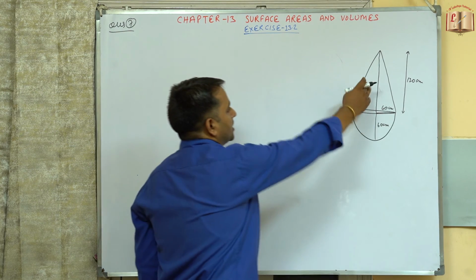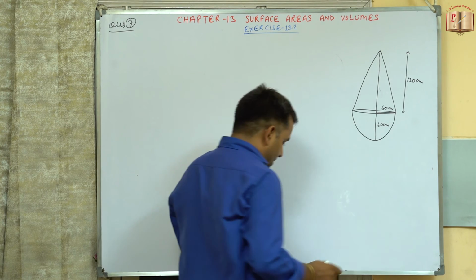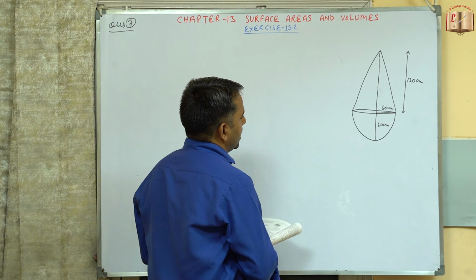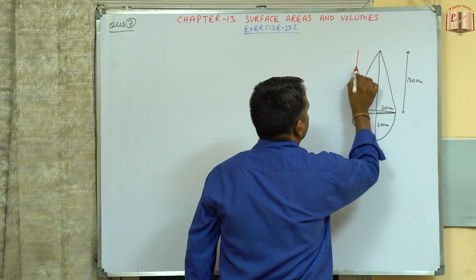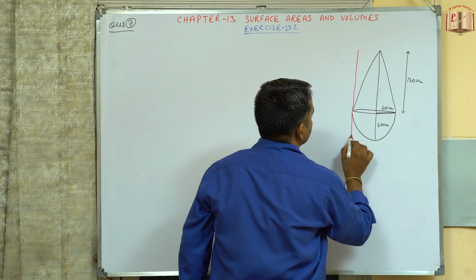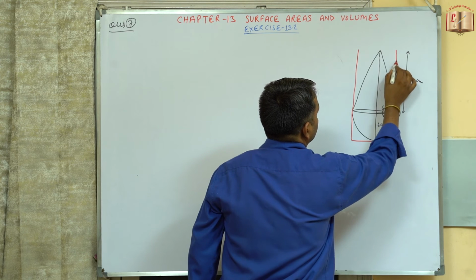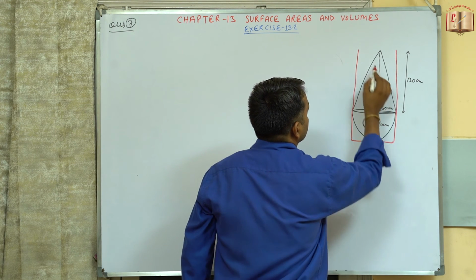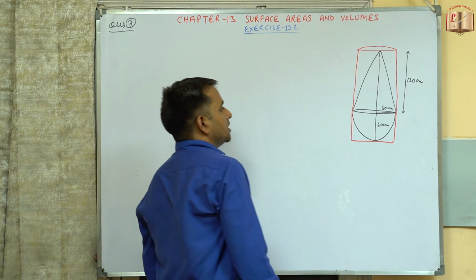Now this combined structure of the cone and the hemisphere is put into a right circular cylinder. We'll put this into the right circular cylinder and it is exactly touching its boundaries. So this is our figure now.